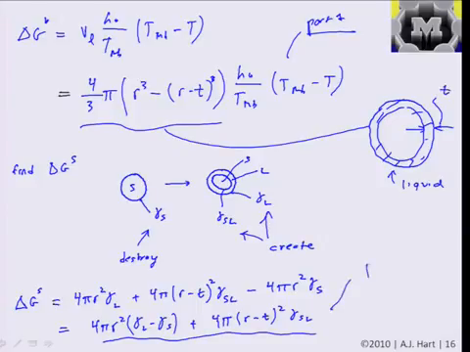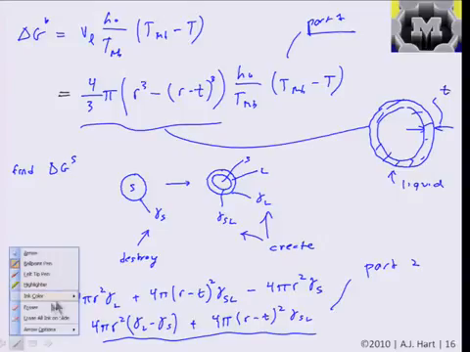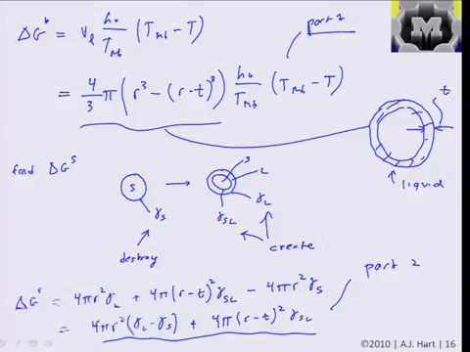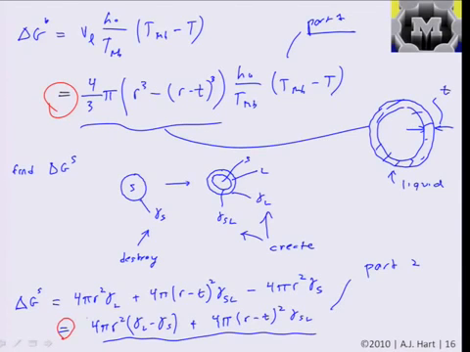And this is kind of our part two. So now if we add this one to this one, we'll have an expression for the total free energy change, the bulk plus the surface. So now let's do that.